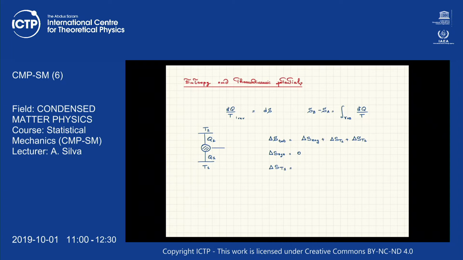Sorry, I messed it up. In the first principle of thermodynamics, when we wrote delta E equal to Q minus W, the fact that Q has a plus sign means that the heat is positive when it's given to you, when the system absorbs it. But in this case, the system is the reservoir itself that gives the heat to the engine. And therefore, delta S of the reservoir at T2 is going to be equal to minus Q2 over T2, right? Where Q2 is a positive number.